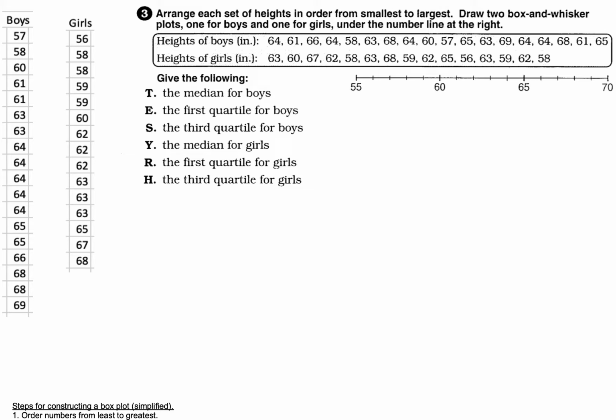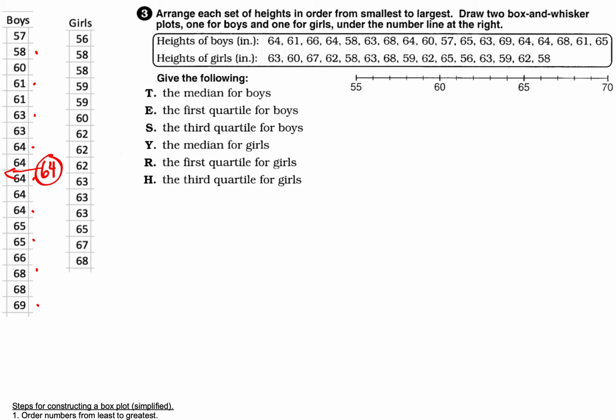Let's start with boys. There are 2, 4, 6, 8, 10, 12, 14, 16, 18 boys. The midpoint there is going to be between the 9th and 10th one, which is right here, I believe. And halfway between 64 and 64 is 64.